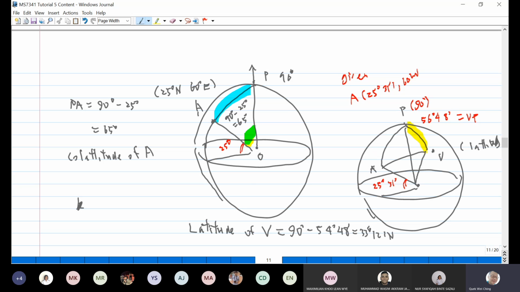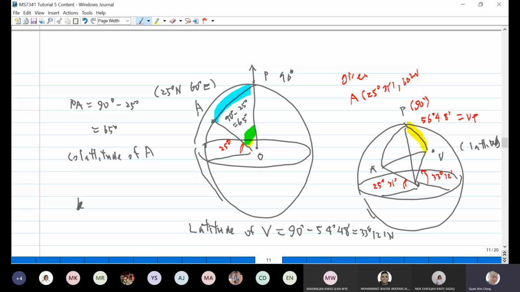Okay, so that means I know the distance PV. If I go from the center of the Earth, from the equator, this angle is 33 degrees 12 minutes.